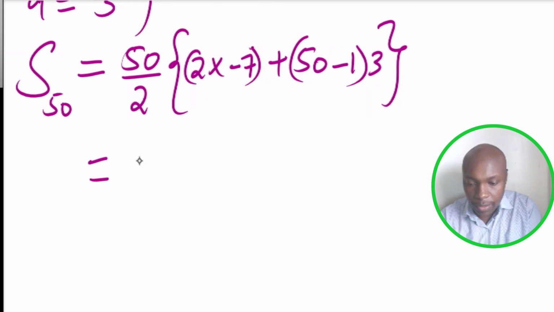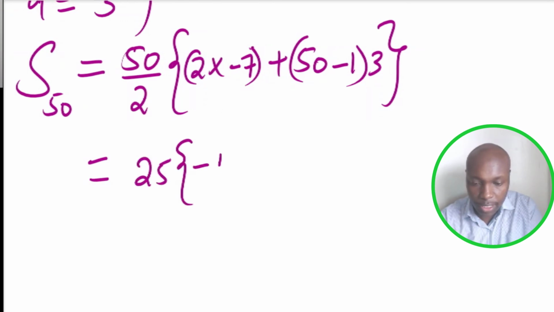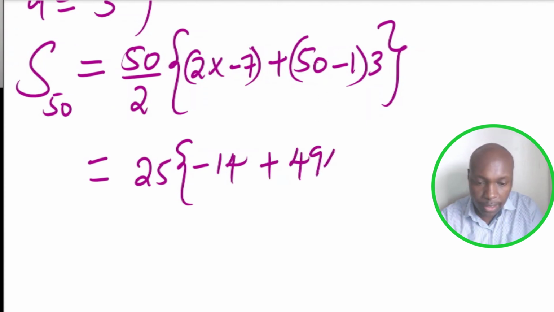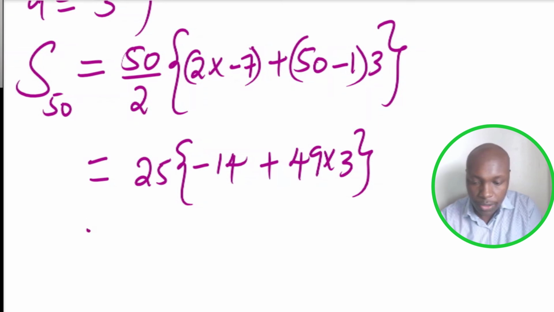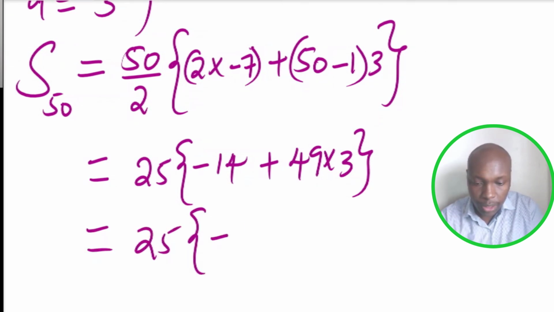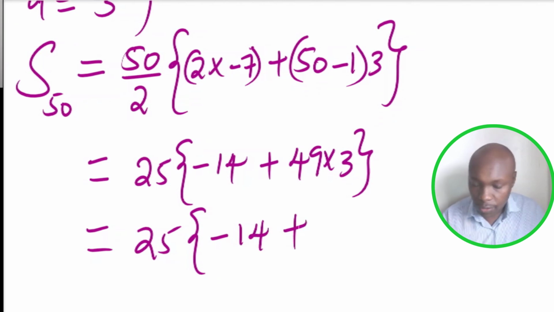So 50 divided by 2 will be 25, then this will be negative 14 plus 49 times 3. So this will give 25 times negative 14 plus, if you multiply 49 times 3 using the calculator, you get 147.